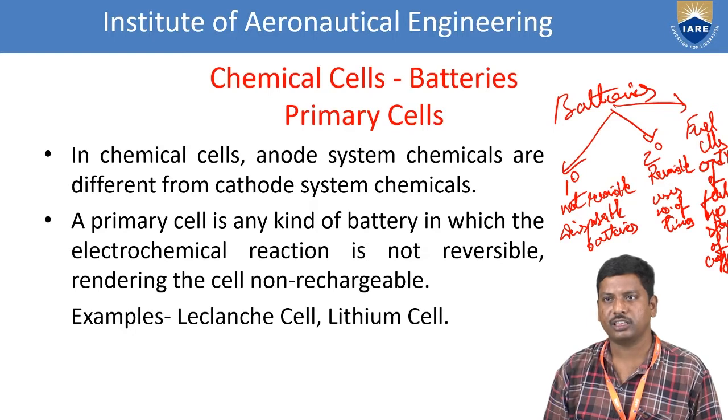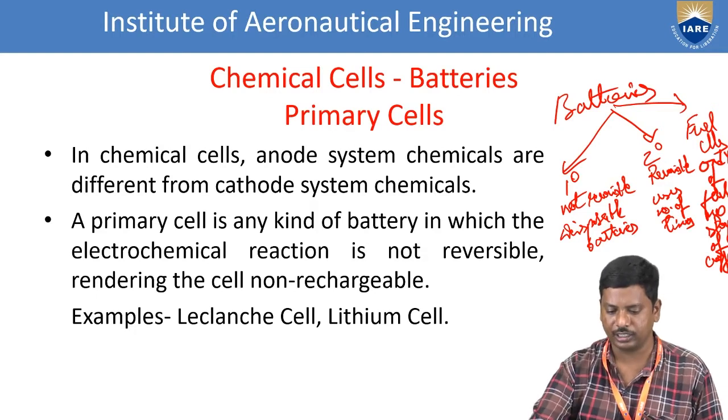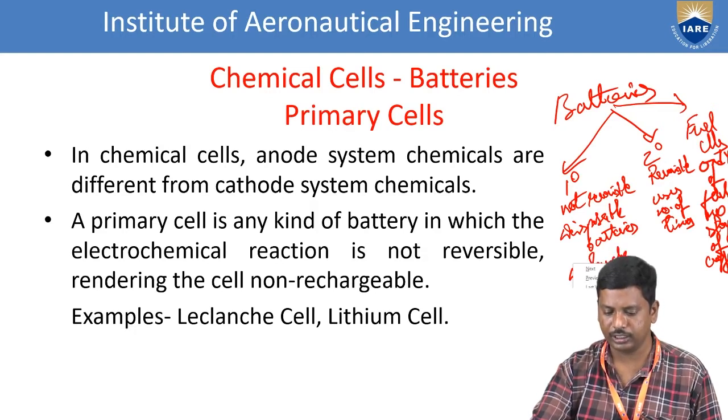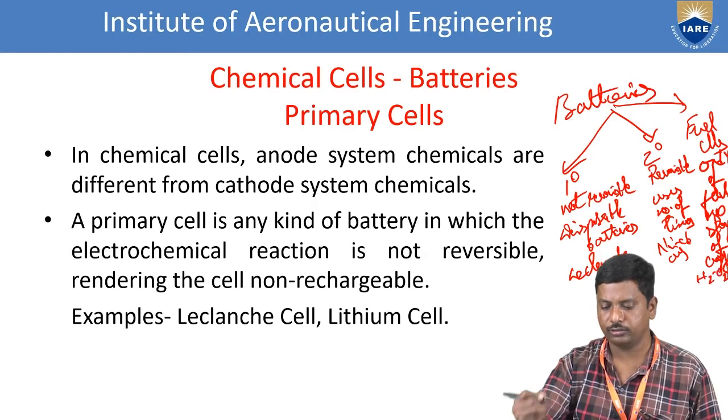Finally, we finish this classification with the examples of batteries. The example of primary cells is the Leclanche cell, secondary cells are the nickel cadmium cells, and fuel cells are the hydrogen oxygen fuel cells.